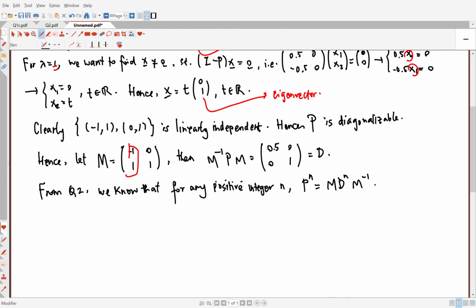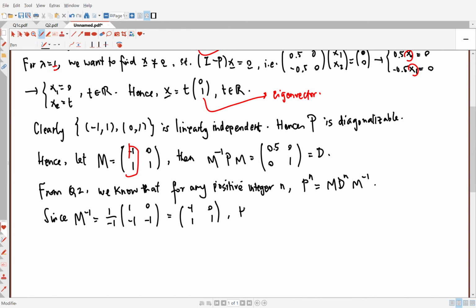Since we need M inverse, how to find the inverse of this? It is 1 over the determinant of this, which is minus 1, then swap the entries, and with the signs I will have minus 1, 0, 1, 1.